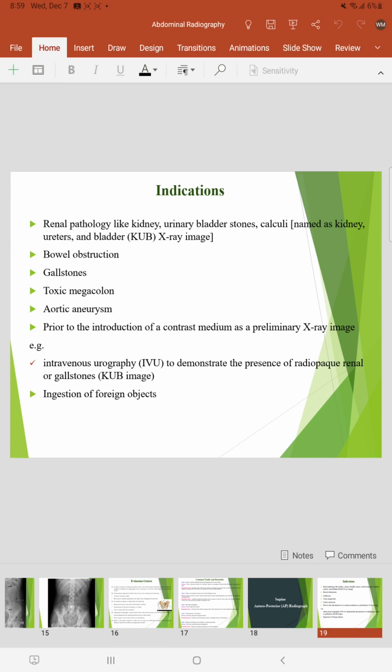Also as a preliminary X-ray image prior to the introduction of a contrast medium, for example intravenous urography, IVU, to demonstrate the presence of radio-opaque renal or gallstones. Ingestion of foreign objects.